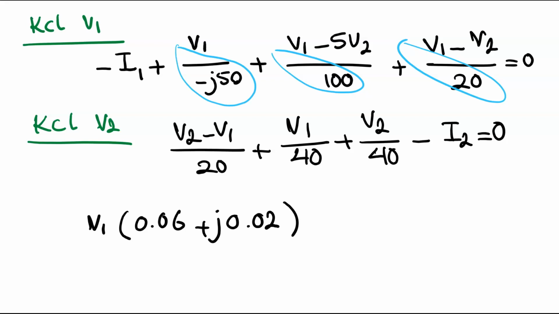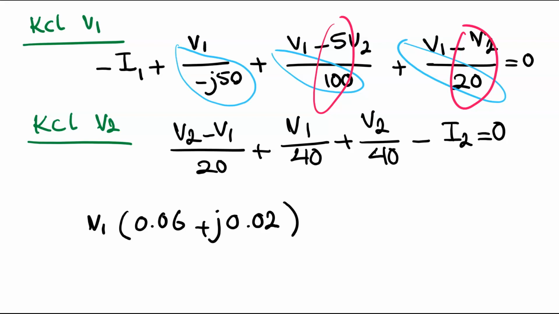And then I have V2. The coefficient of V2 is going to be 1 over 20 and 5 over 100. So 5 over 100 is equal to 1 over 20. So we have 2 multiplied by 1 over 20. It's going to be 1 over 10.